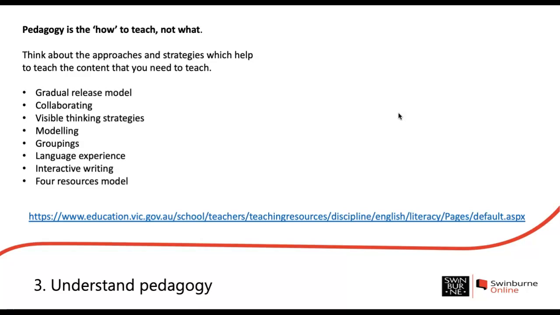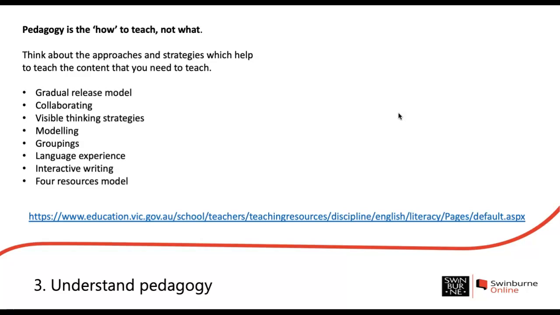Now, to make your unit really strong and to be pushing your grade level up into that HD side, if I saw a unit of work and all it said was, let's group the children and let's do some collaboration, that probably wouldn't be strong enough. This is a literacy unit. Use literacy-based pedagogy.